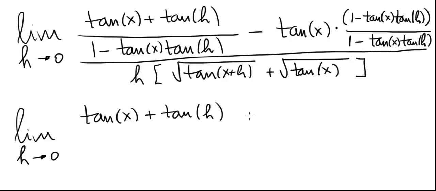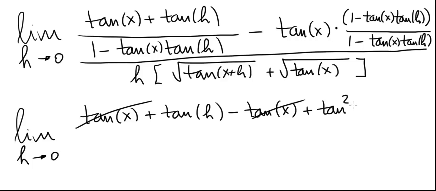Since we have a common denominator, tangent of x minus tangent of x times 1 would be minus tangent of x. Now we can see that these cancel. And then minus tangent of x times minus tan x times tan h would be plus tangent squared of x times tangent of h.